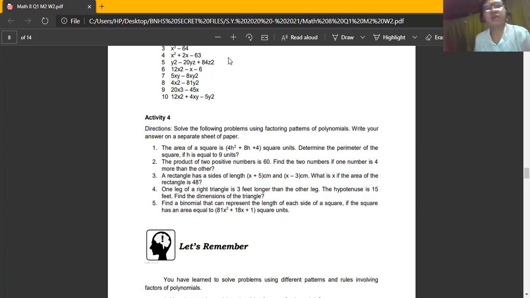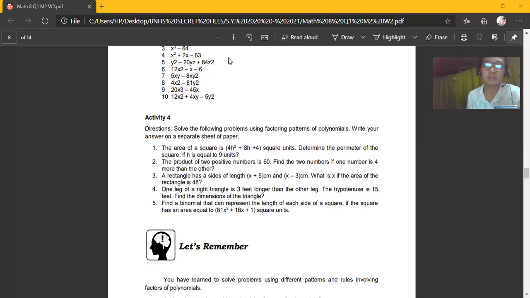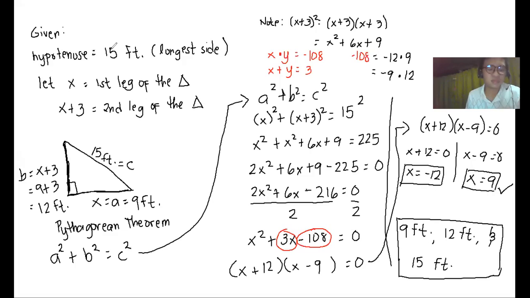Let's go to our whiteboard. So the given, don't forget the given in every problem. So the area of the square is given by the quantity 81x squared plus 18x plus 1 square units.